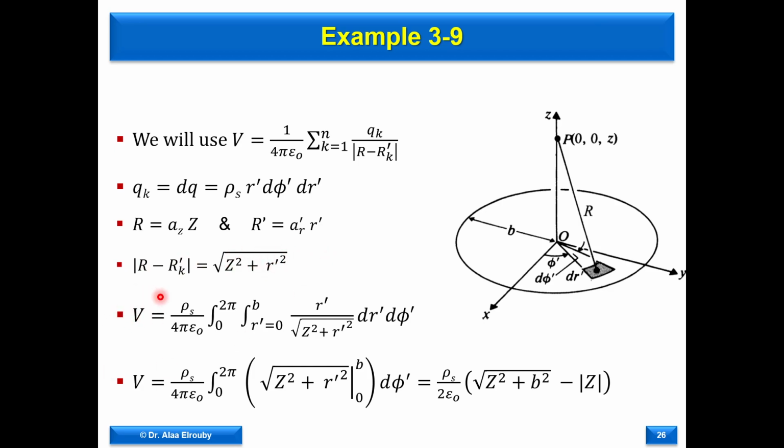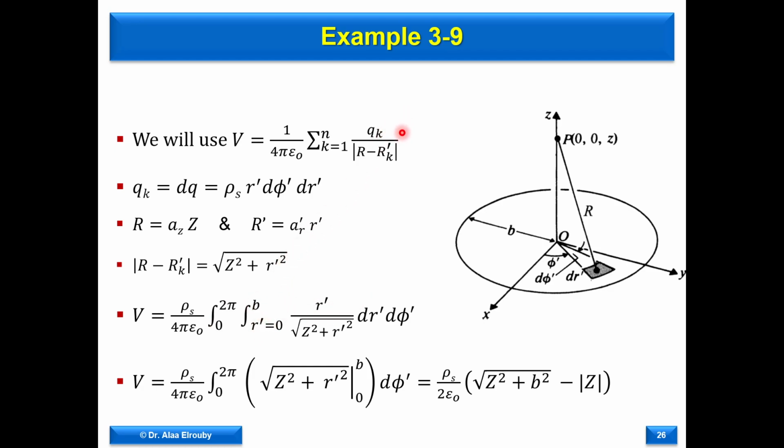So the electric potential at the observation point, because of this surface charge distribution, equals the integration over the surface. So we are integrating over r and integrating over phi: phi from 0 to 2 pi, and r prime from 0 to b.